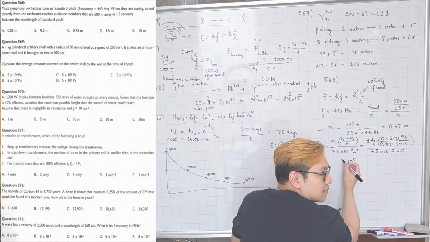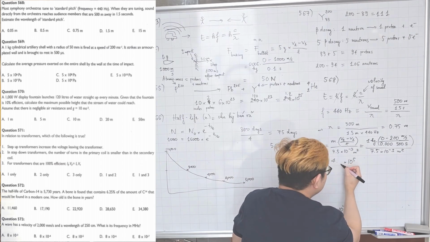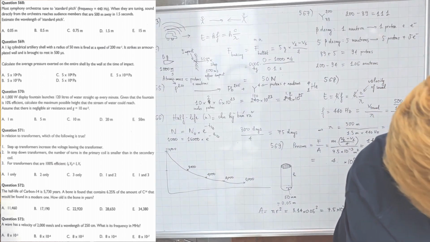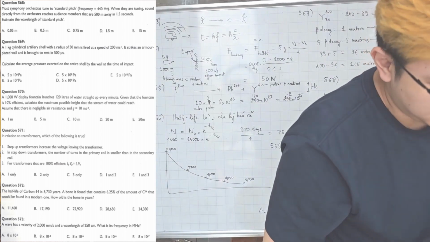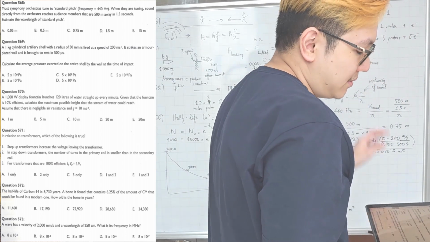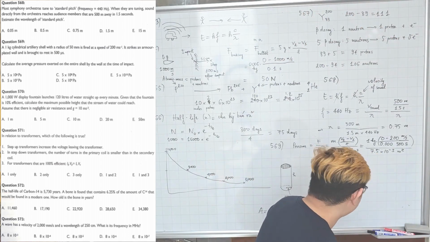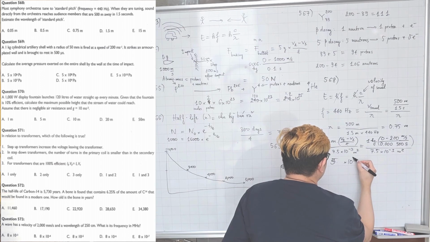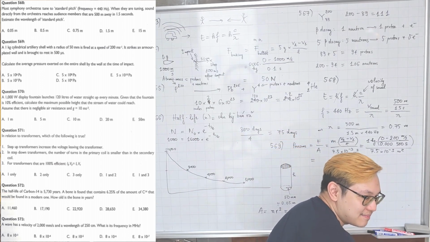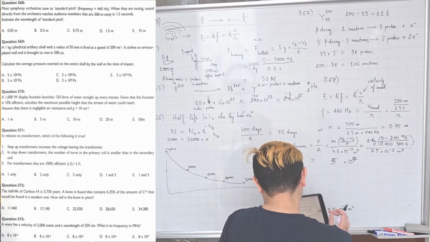What is that? 4 point what? It is 4, right? But interesting because there's no answer with 4 or 10 to the power of 5 here. I think you did something wrong. It's 10 to the power of 7. So is it B? Can you check? Yes, it's B. Okay, good.